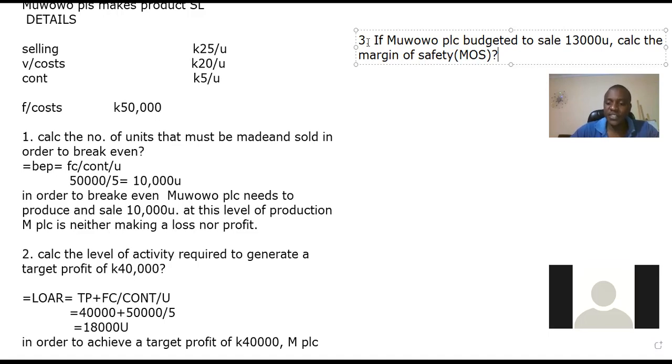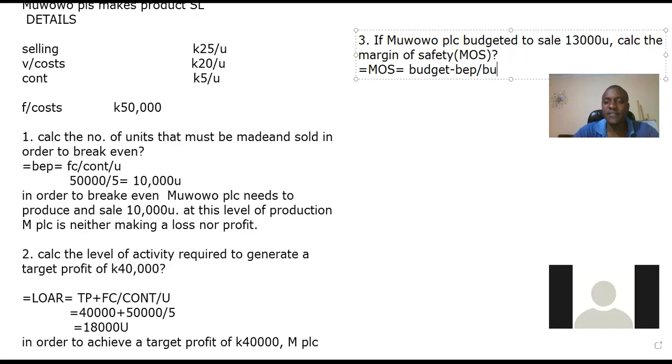So let's go, guys. The margin of safety as a formula, MOS is equal to budget minus the break-even units, or BEP, then we divide by the budget.